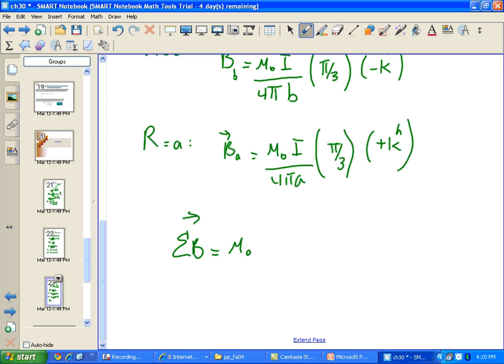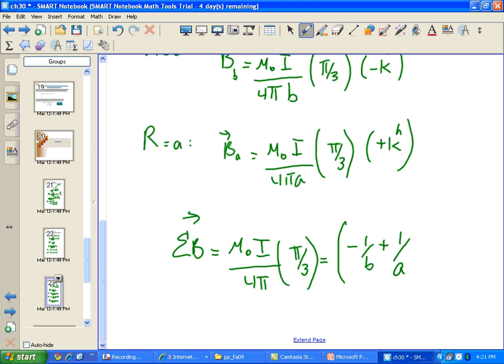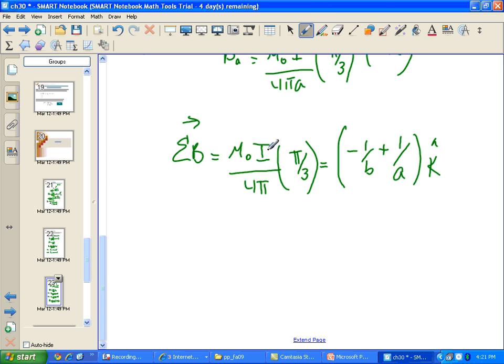We factor out mu naught I over 4 pi times pi over 3, equals, and this time we're going to use the minus k hat here to write this as minus 1 over B, the plus k hat here to write plus 1 over A, and of course the k hat is here.